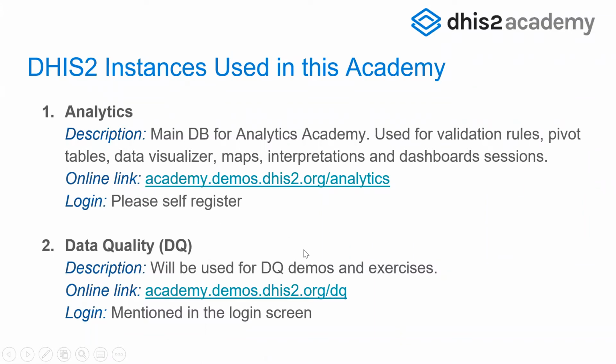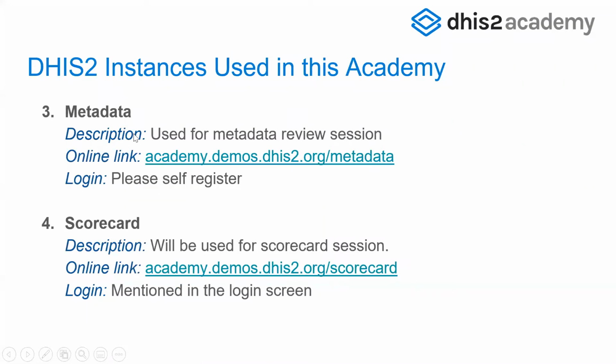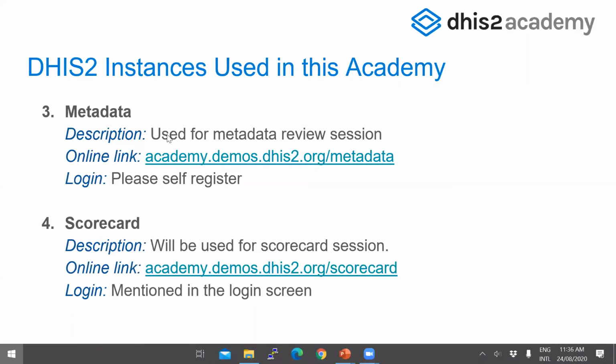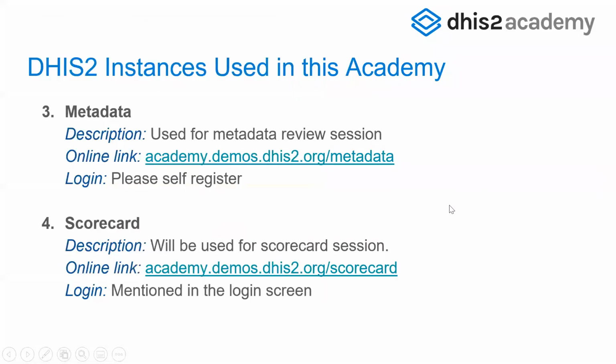Next, the third instance we are using is the metadata instance. We will be using this instance in our metadata session for demonstration and exercise purposes. I have mentioned all the links and we will be sharing all the links with you.